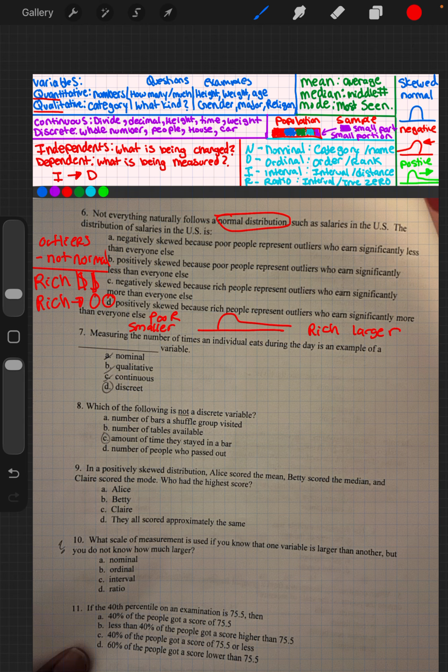The richer side would be the outliers, so it's going to be skewed. It's going to be more to the right. So I'm going to write more to the right.